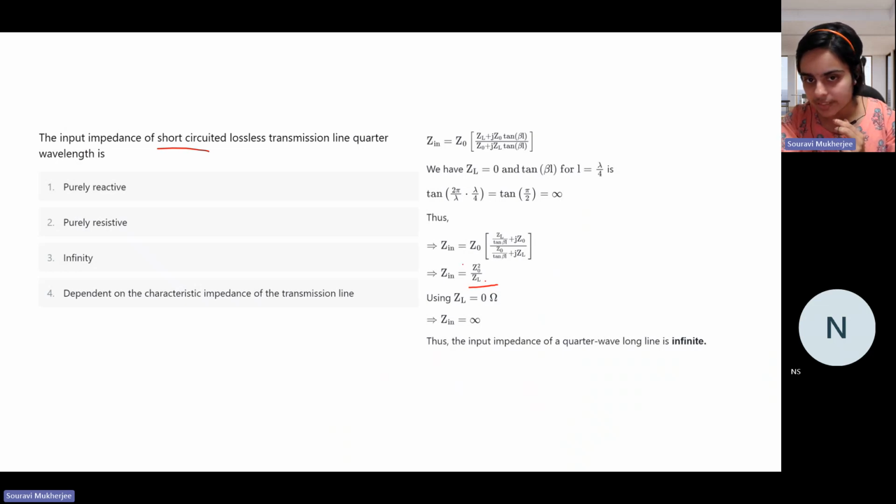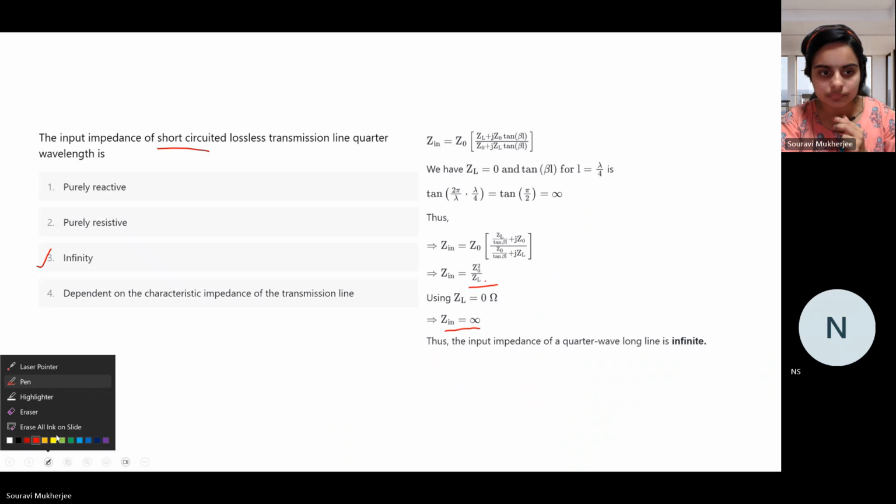This is the expression for the case when the transmission line has a quarter wavelength length. Now you have to put the condition that it's a short-circuited transmission line end. So in that case, ZL is 0. Now if you put ZL equal to 0 here, what happens? Z in becomes infinite. So the answer should be C, right?